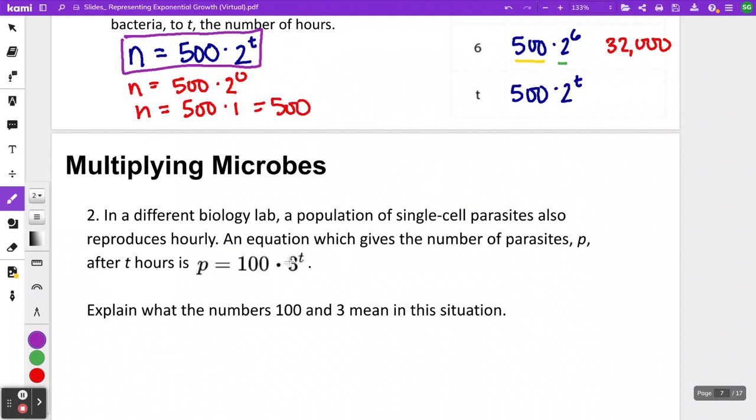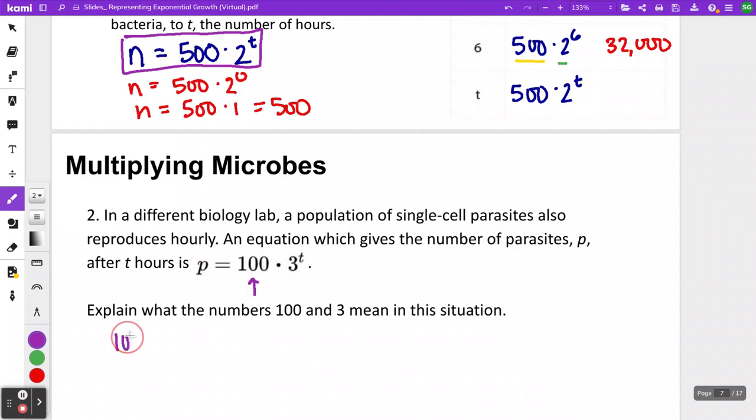When we are looking at this equation, there's 2 numbers, the 100 and the 3. The 100 is going to represent something similar to what our 500 represented in that last situation. The 100 is telling us the number of single-cell parasites there are at the beginning, or you could also say the number at hour 0.